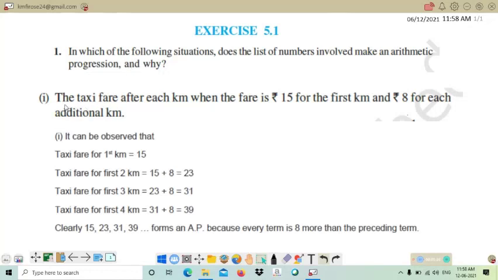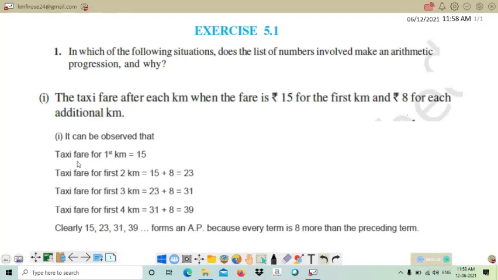First question: the taxi fare after each kilometer, when the fare is rupees 15 for the first kilometer and rupees 8 for each additional kilometer.